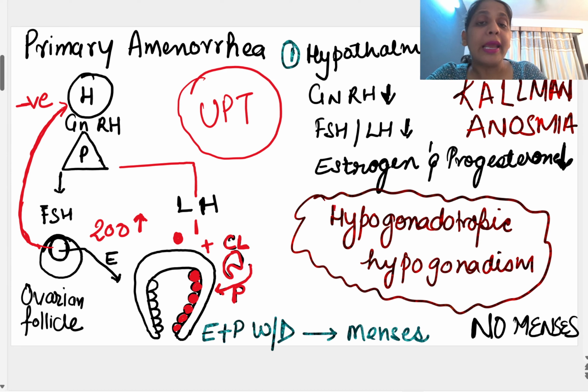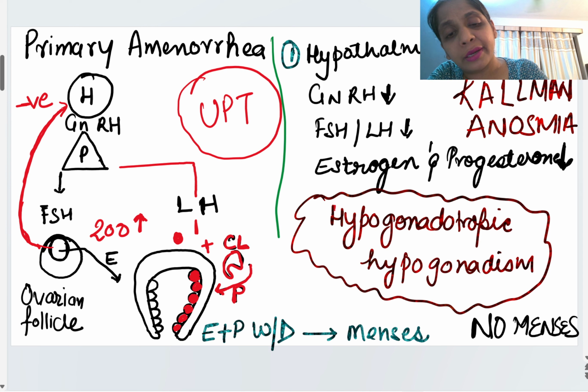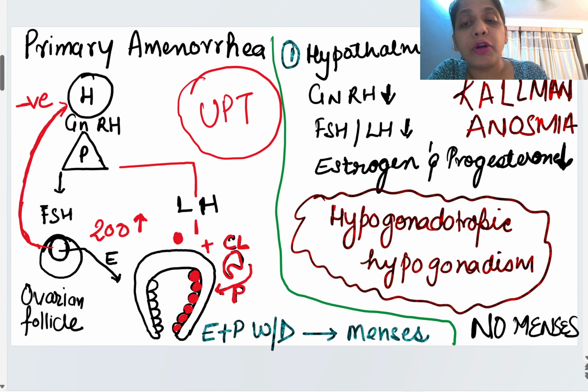Okay, let's now go to primary amenorrhea. Here first we need to revise the basic menstrual cycle. So first of all, you know that when a female reaches puberty, there is activation of the HPO axis. H stands for hypothalamus.